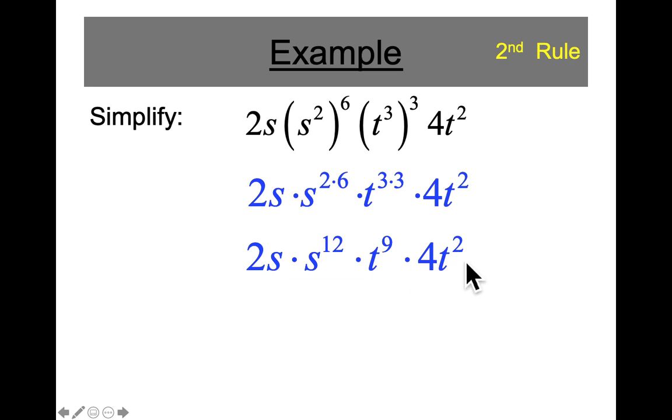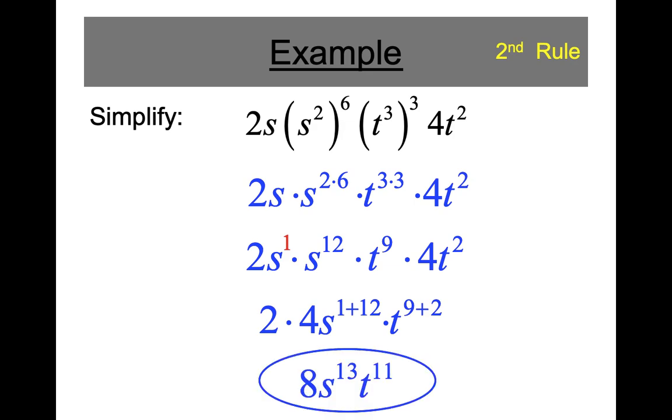That means we will use the product rule, which says that we add those exponents together. If we gather the 2 and the 4, then the s with its exponents added and the t with its exponents added, we find we have a final answer of 8 times s raised to the 13th, t raised to the 11th.